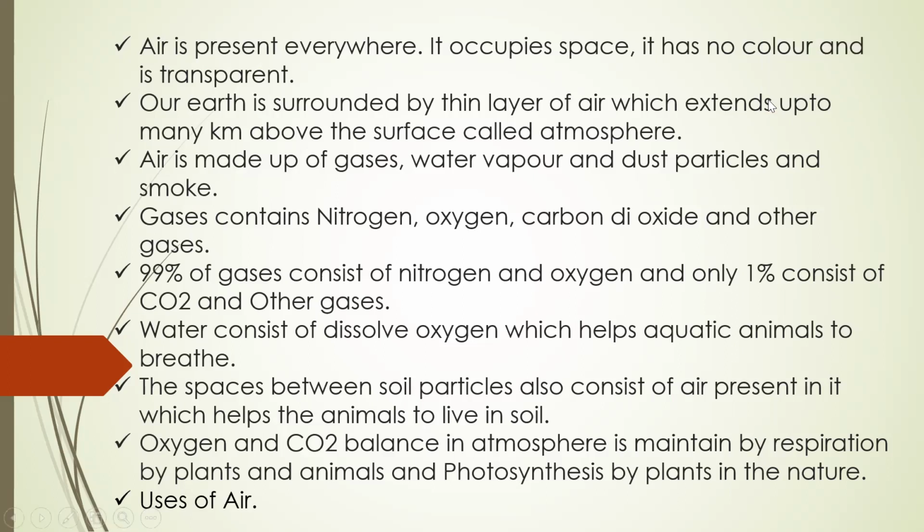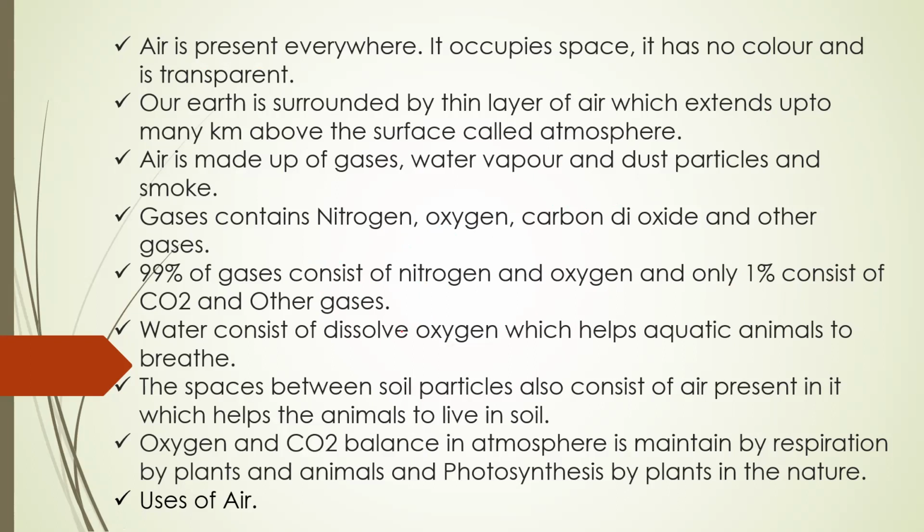Air is made up of gases, water vapor, dust particles and smoke. The gases in air are nitrogen, oxygen, carbon dioxide, and other gases. 99% of the gas consists of nitrogen and oxygen, and only 1% consists of carbon dioxide and other gases.